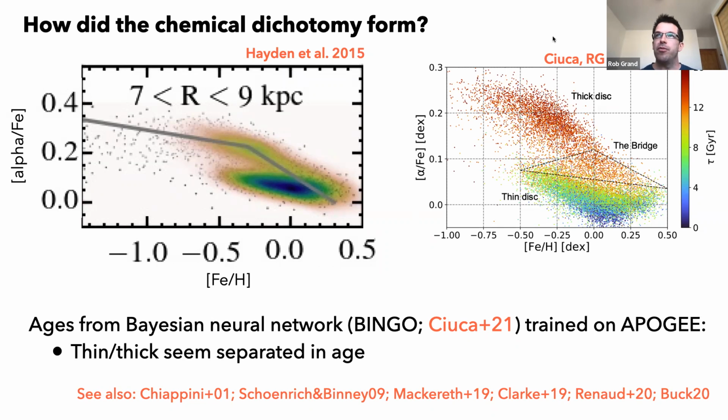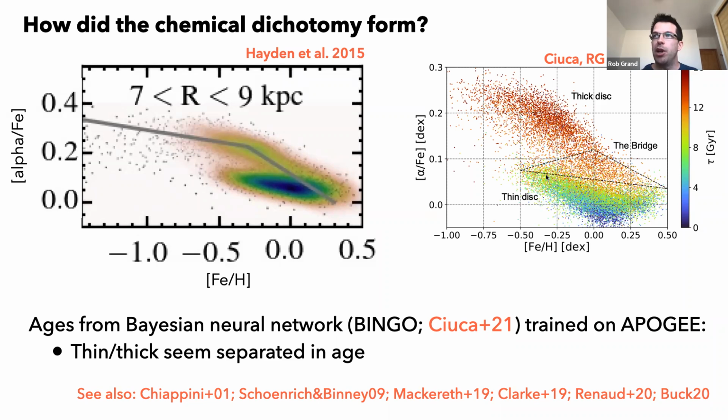Recently we managed to tag ages for many of these stars from APOGEE using a machine learning method, this BINGO Bayesian neural network technique. And this is what this looks like if we color these points by age. Actually, what we find here is that these two features, the thick disk and the thin disk, are fairly well separated in ages.